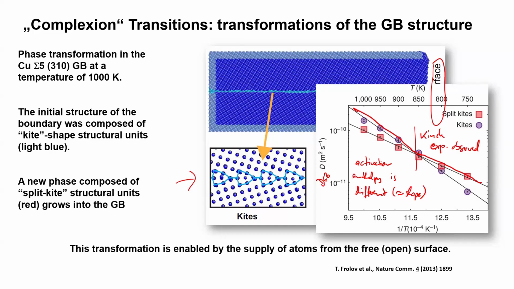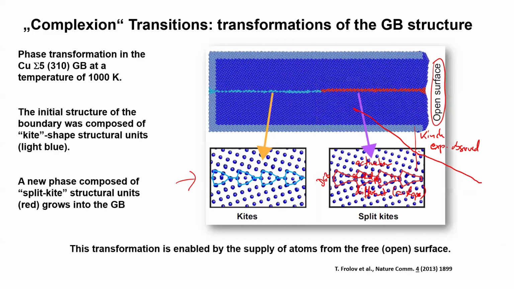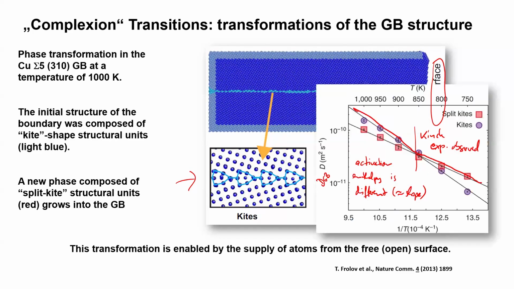But here we have to, this is a picture showing that the transformation can go on. These diffusion calculations are done in near equilibrium conditions, where only one of the phases would be present. So you would kind of take your system and take the configuration so that either kite or split kite structural units make up the boundary at a given temperature.